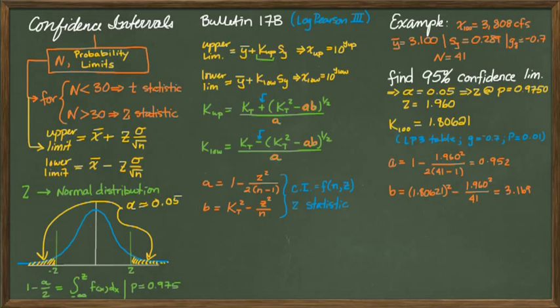So just to save time calculating, I'm going to start by calculating the k statistic squared minus AB to the 1/2 there. And I get a value of 0.4955. Alright, so now we know we can substitute that into the k up and k low calculation. So let's do that now.